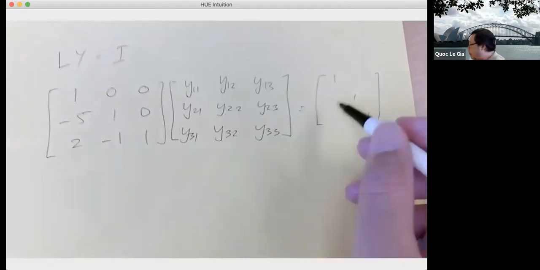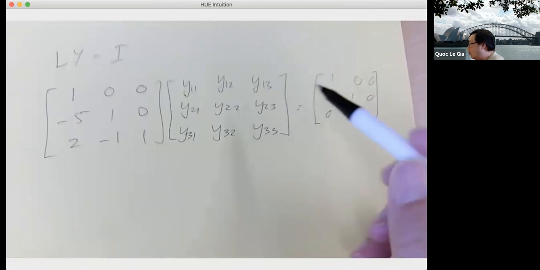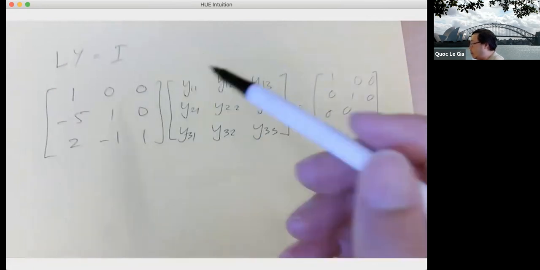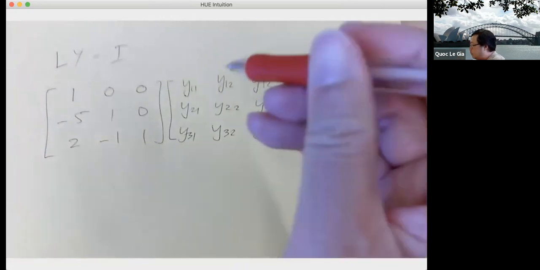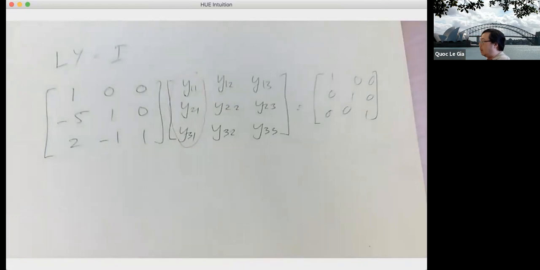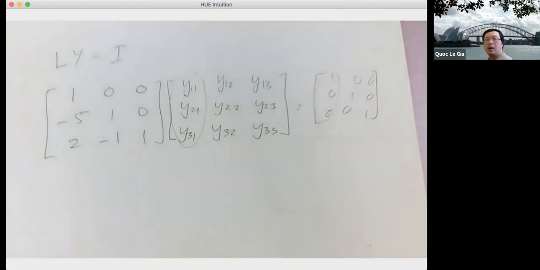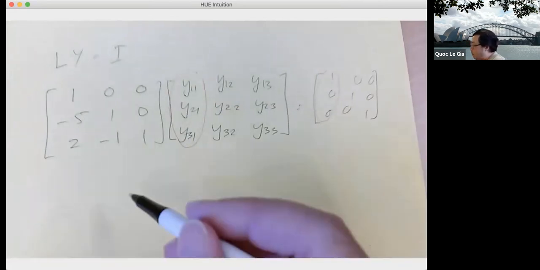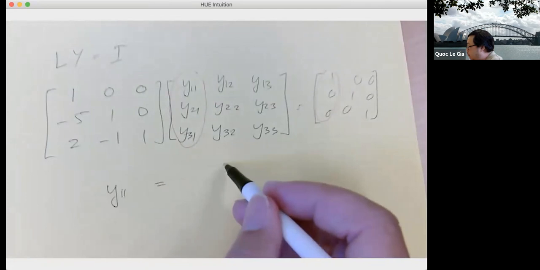Then how do I solve it? Well, I take the first column here, and I can write down the system. So my system will be Y11 equals 1, right?